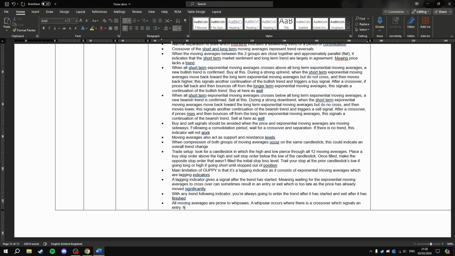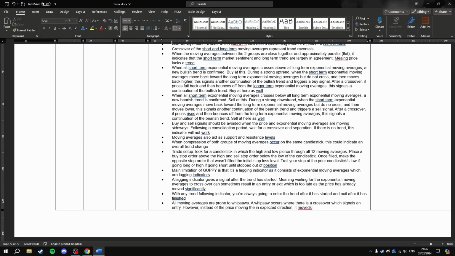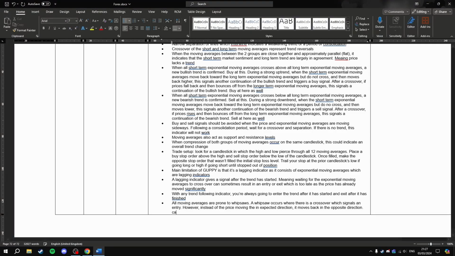However, instead of the price moving in the expected direction, it moves back in the opposite direction. So basically like a fake out, causing the exponential moving averages to cross again.